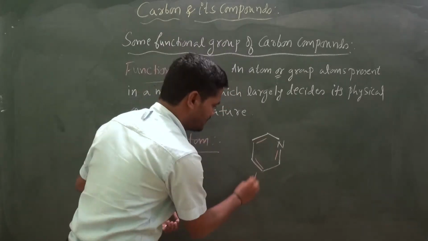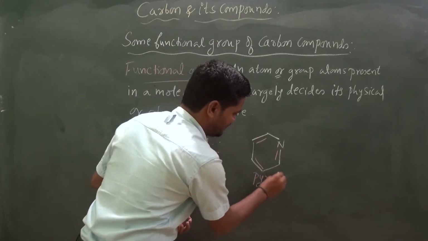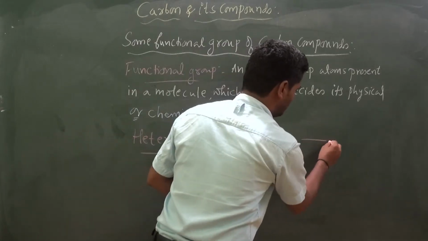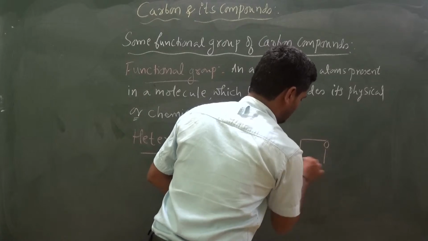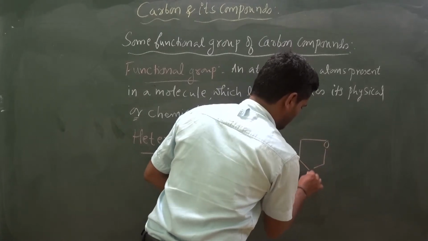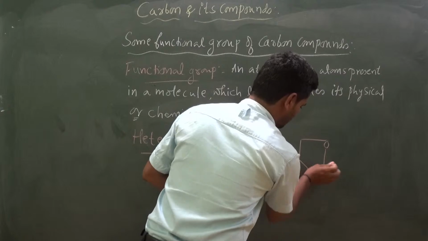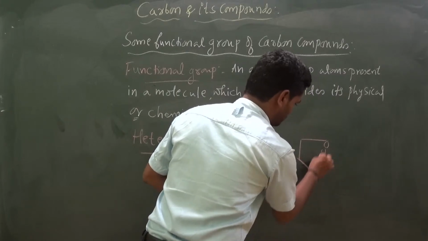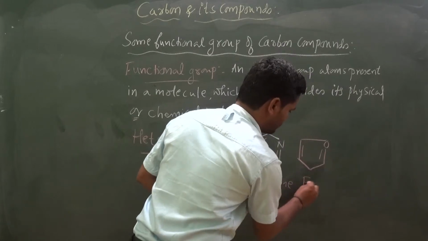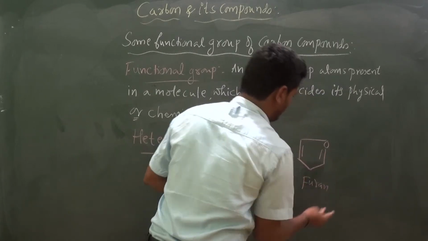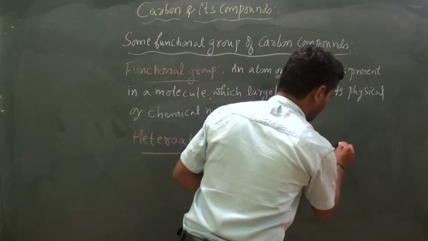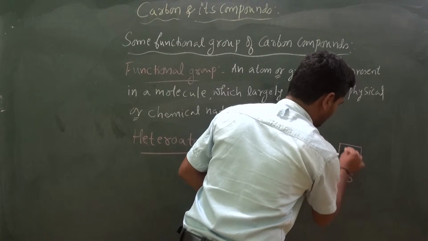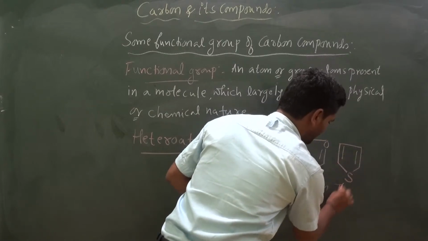This one is pyridine. The name is pyridine. So this one has a heteroatom. Next one is this one, furan. Next one is this one, thiophene.